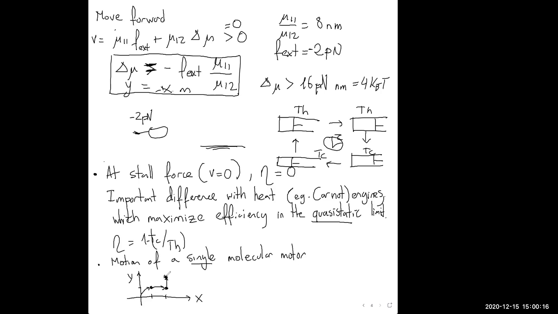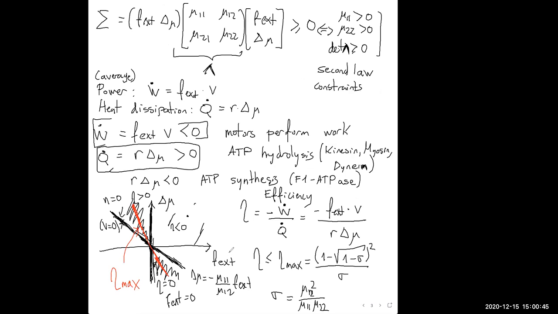So this will be a random walk in the space of, this will be the position of the motor, and this will be the net number of ATP consumed. So a single molecular motor will have this type of motion, which in the energetics diagram that I discussed here, okay, this was like the power and this was the heat.